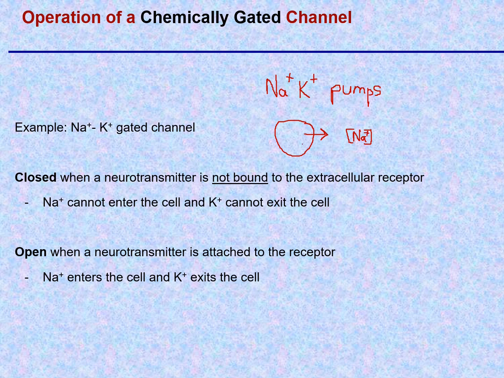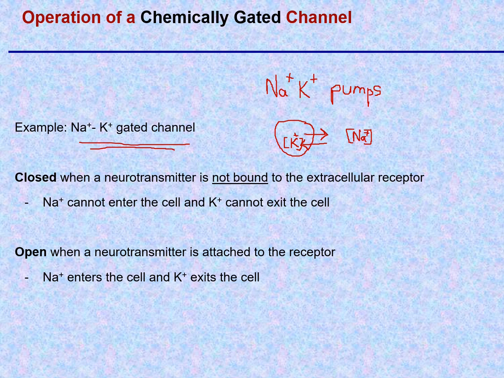And the potassium is being pumped into the cell. So you have a higher concentration of potassium on the inside. If this kind of channel should happen to open, then sodium would rush in.